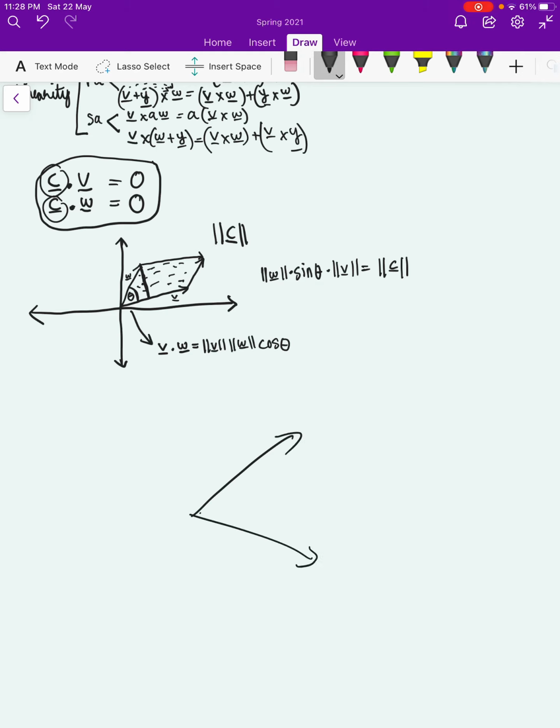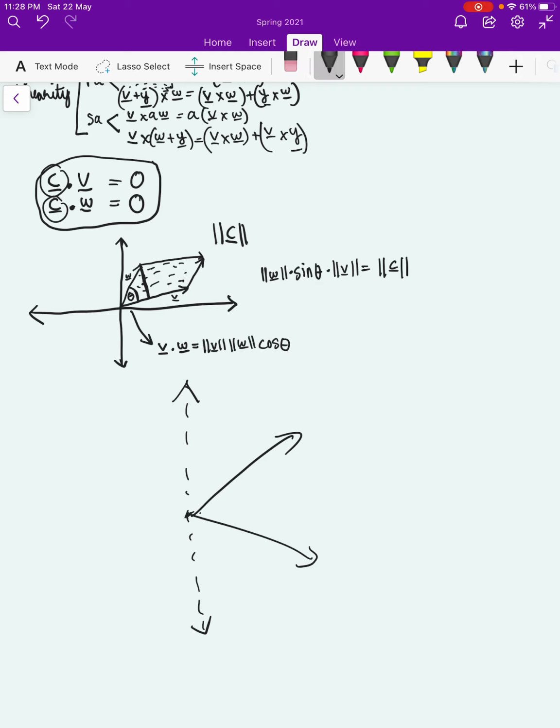The only way for it to do so is going to be in another dimension. It's going to be like this. That's why we only work in 3 dimensions. So it can go up or it can go down.